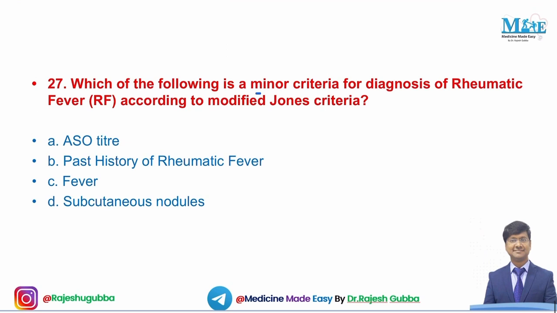Okay, next question. Which of the following is a minor criterion for the diagnosis of rheumatic fever according to modified Jones criteria? The options are ASO titer, past history of rheumatic fever, and presence of fever and subcutaneous nodules.